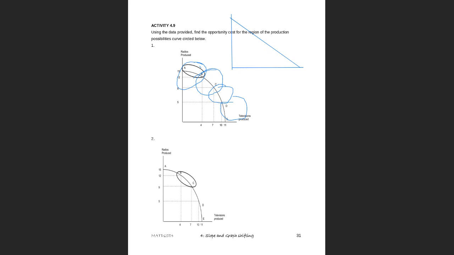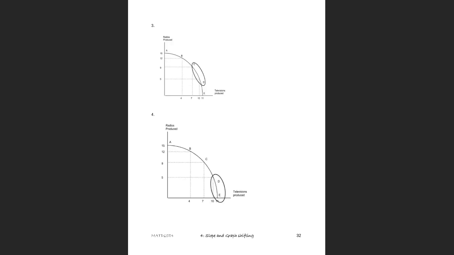So as I'm saying, the straight line was just to help you understand what we mean by opportunity cost. But actually the production possibility frontier is a curve, not a straight line. So now let's look at this one. It's a production possibility frontier for radios and television.